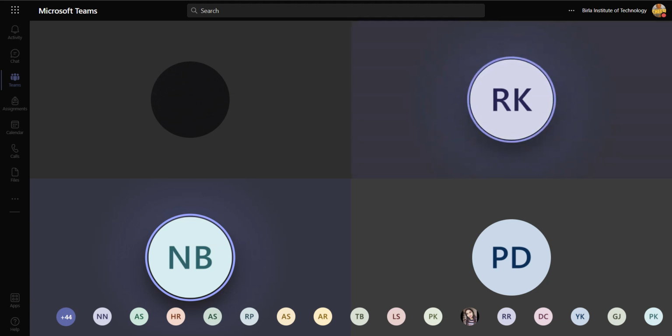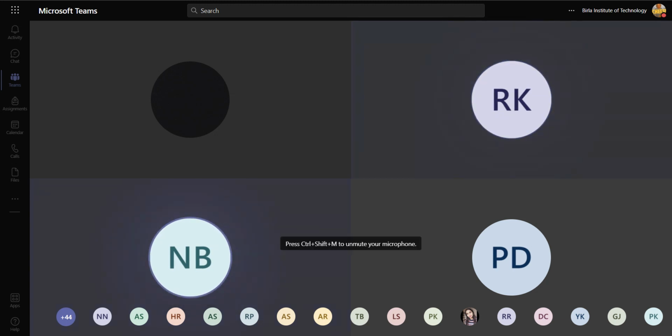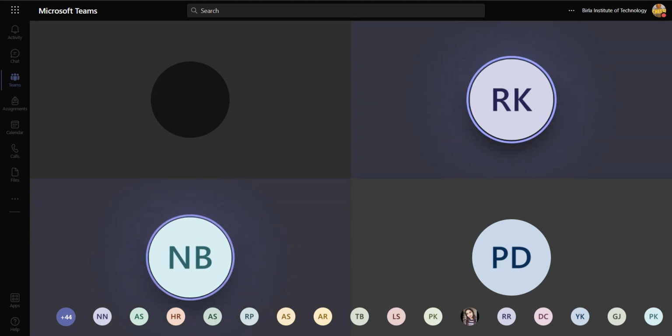I am asking that in the Zener diode family there are many components like 1N, 1Z12. Which one do we have to take? You mean from Multisim, which Zener diode you have to pick? Yes, sir. Okay, can you please share your screen? Then maybe we will be able to understand.